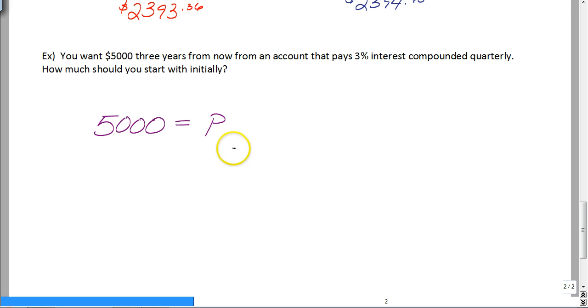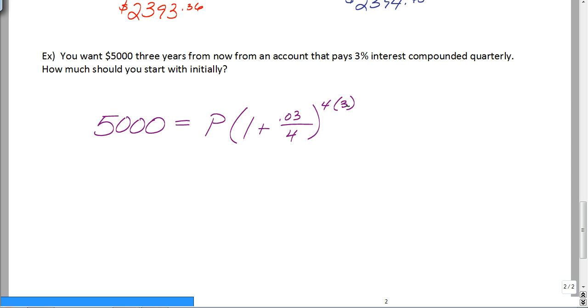What we don't know is the principal value, how much you want to start out with. And then, of course, we have our 1 plus our 3% over 4, compounded quarterly, so every 3 months or 4 times a year, raised to the 4 times 3 for our 3 years.